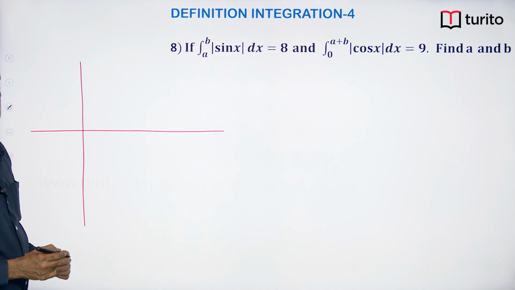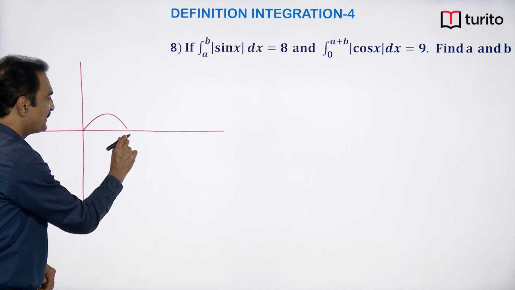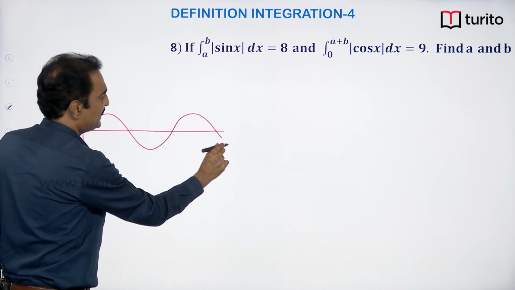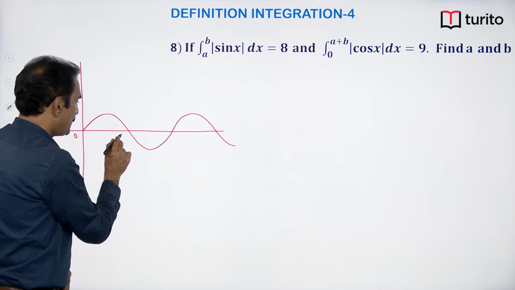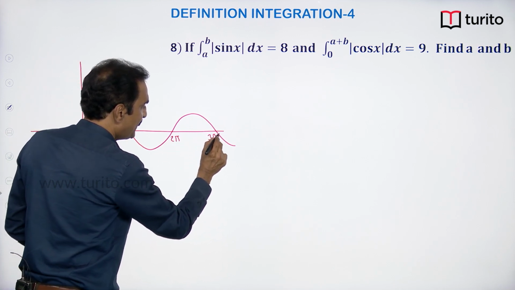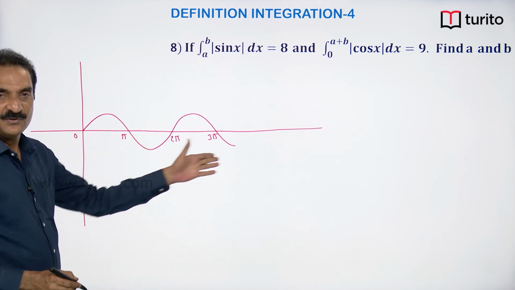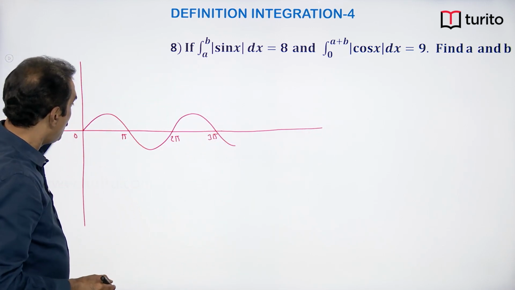All of you know the graph of sin x. Graph of sin x will be like this: 0, pi, 2 pi, 3 pi and so on. It continues in the same way. If you take mod, what happens?